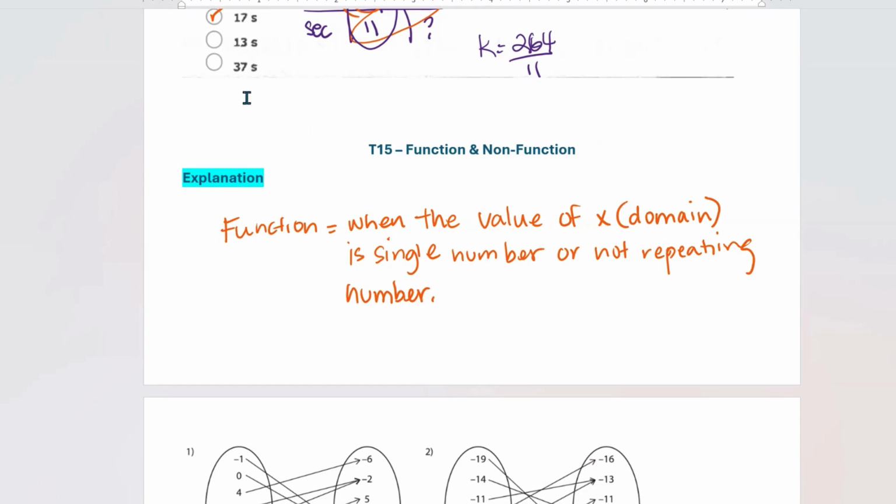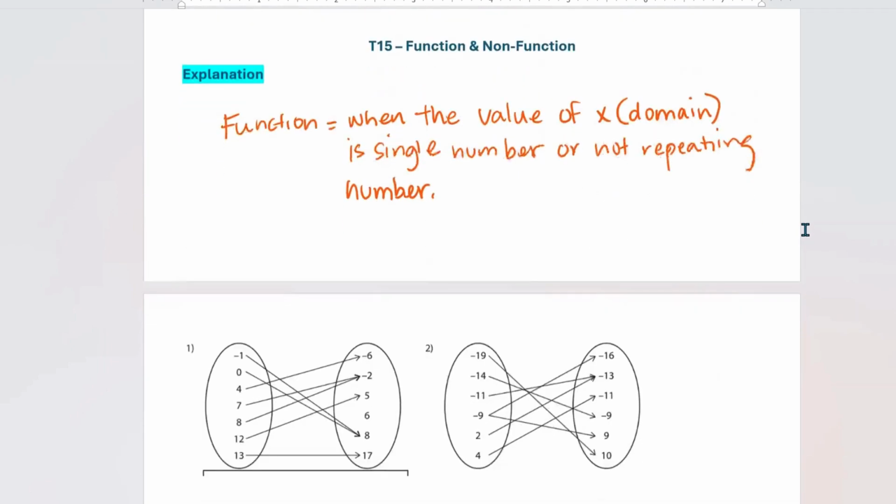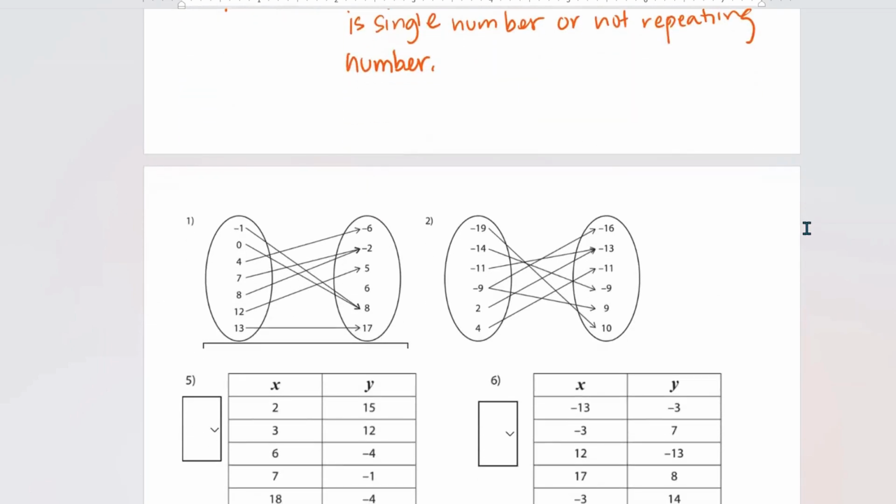Okay, here we go. Let's start with question number 1. Is this function or not function? Remember, this is your x. That's your domain. We don't care about this; we care about this.